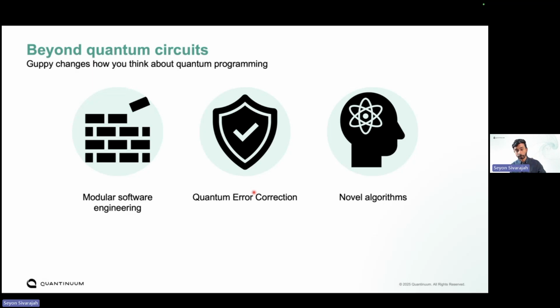And Guppy is the software that this error correction will be built in. We can try arbitrary codes because we're not limited by connectivity, and Guppy lets you do that very easily and naturally. But it's not just error correction. We found that having these extra capabilities, though they are simple to explain, unlocks whole new ways of designing novel algorithms that you just wouldn't have thought of if you weren't thinking in terms of natural programming.